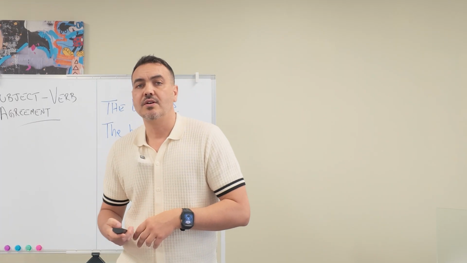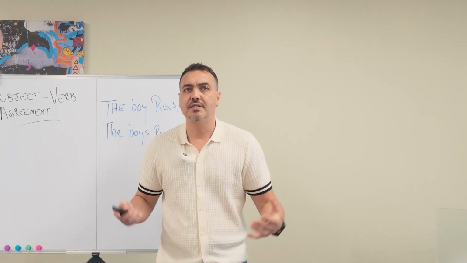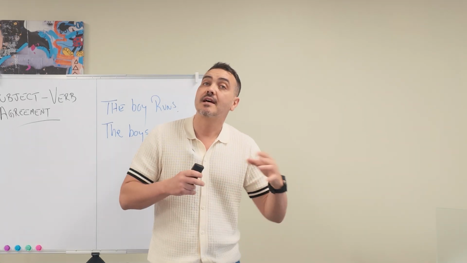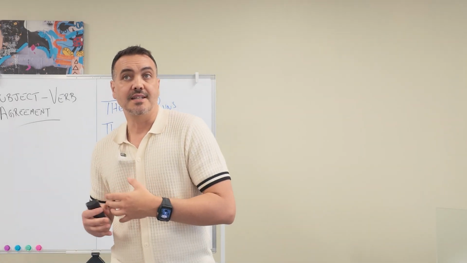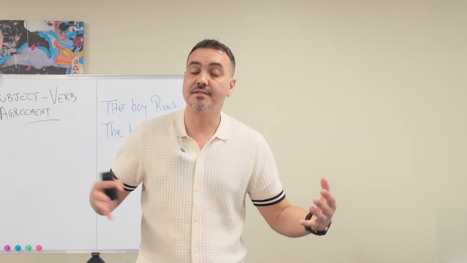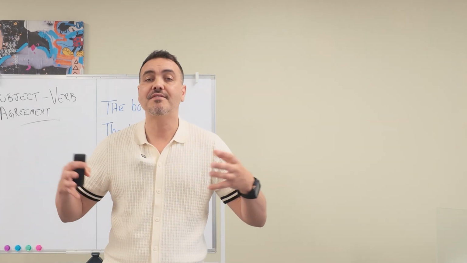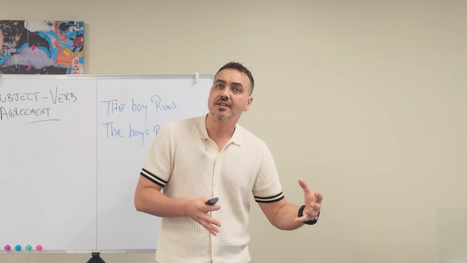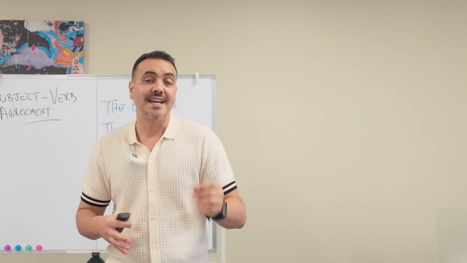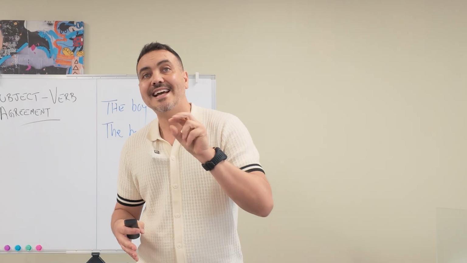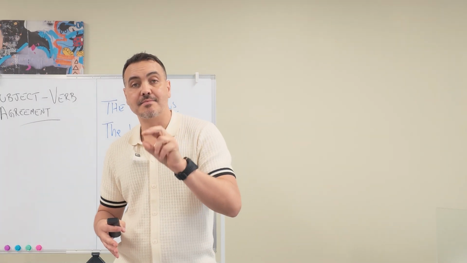Okay? So let's do a final review of what you learned. Subject-verb agreement means the subject and the verb, they have to match. They have to go together, okay? If the subject is singular, the verb usually takes s or es in the present simple tense.